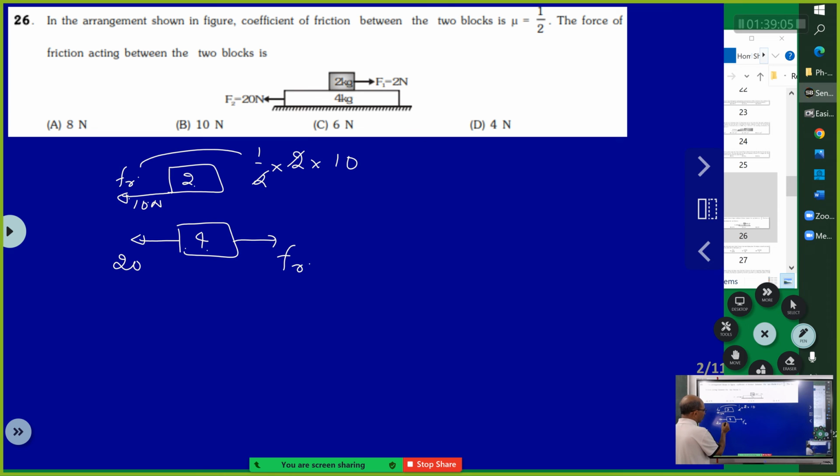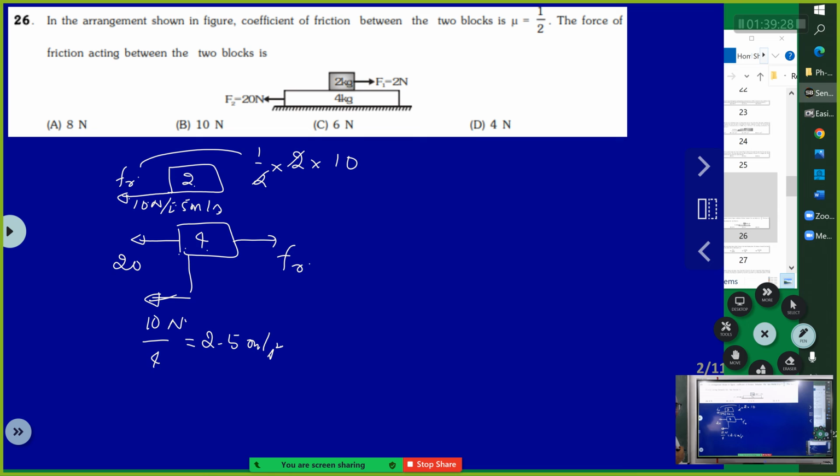So the net force on this is going to be 10 Newtons. 10 by 4 gives you 2.5 meters per second square, and here 10 by 2 will give you 5 meters per second square. Did you understand this?